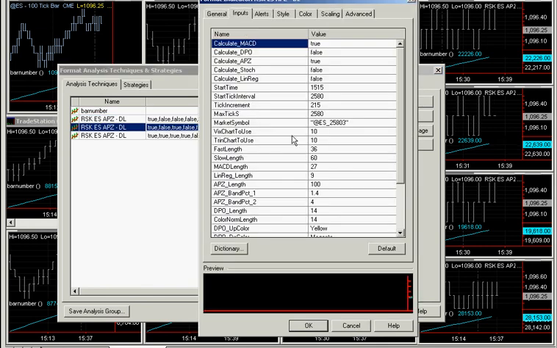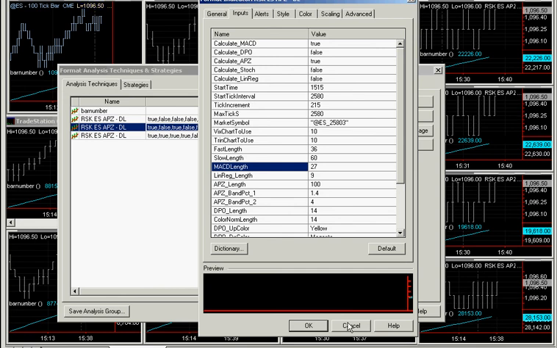And the number 3 extension is a 36, 60, 27. So that's the reason for the extensions. We've placed a different MACD length associated with the different extension.